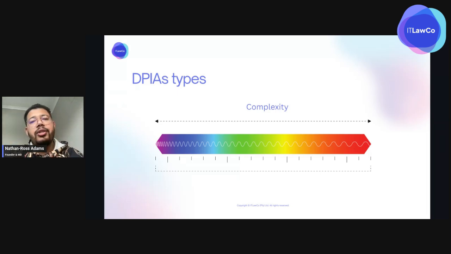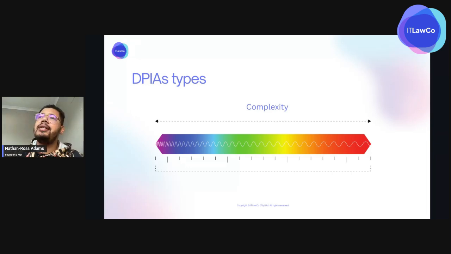So it's pretty light touch, and it's typically used at the beginning of a project to give you a cursory understanding of the impact of that project from a data protection perspective. At the other end of the continuum, you have comprehensive DPIAs, which consist of several questions that need to be answered, and a mapping of processing activities in detail.